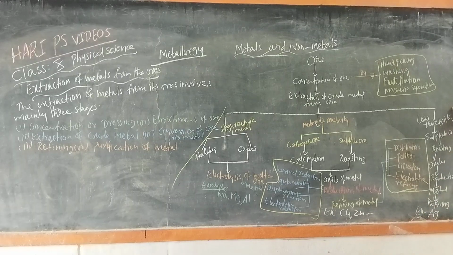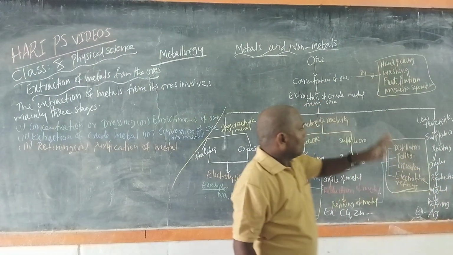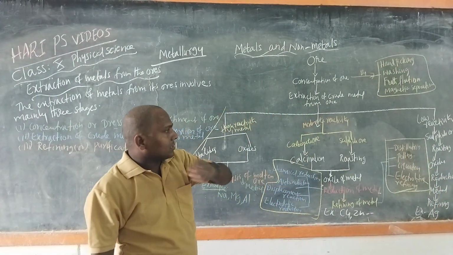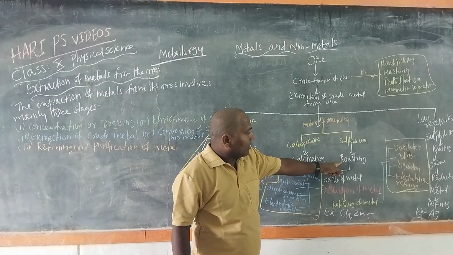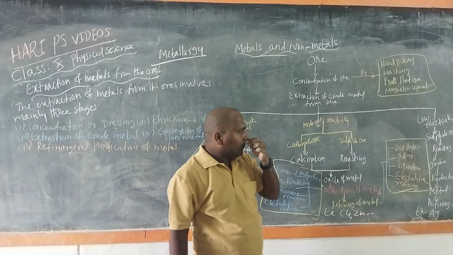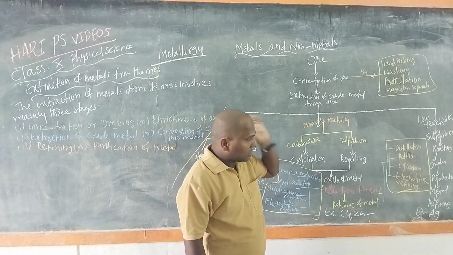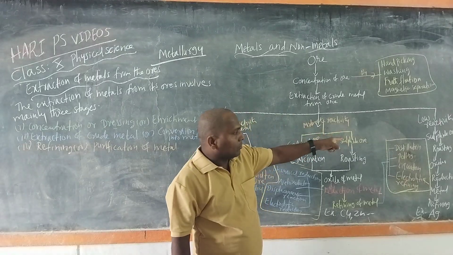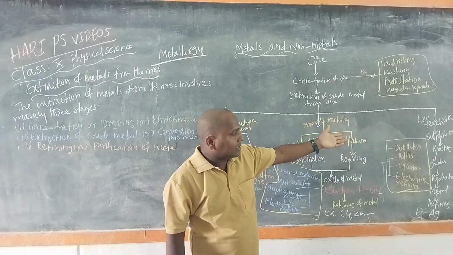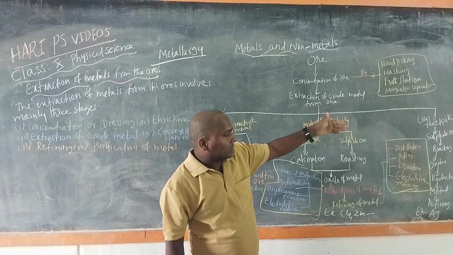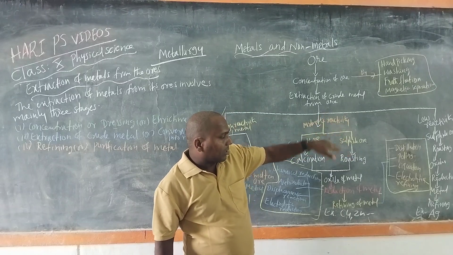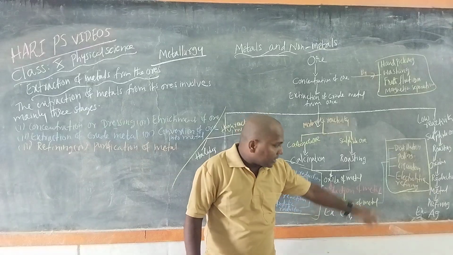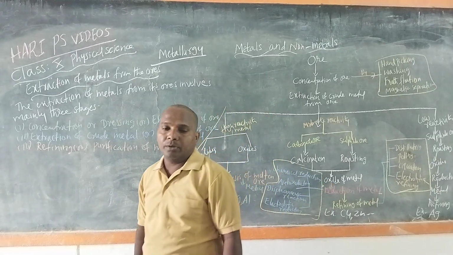Then coming to the low reactivity metals, the ores are sulfides, converted to oxides, then reduction is applied, and then finally we get the refining. An example is silver.